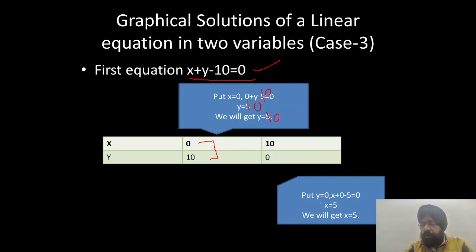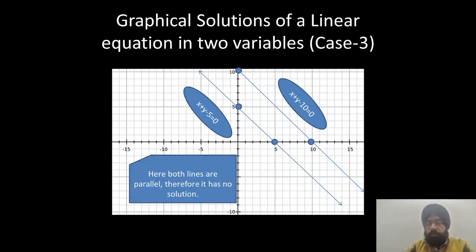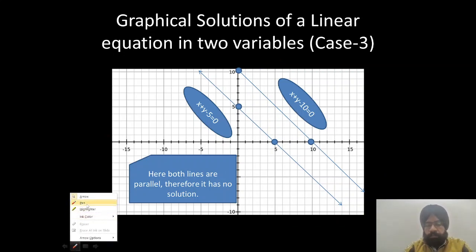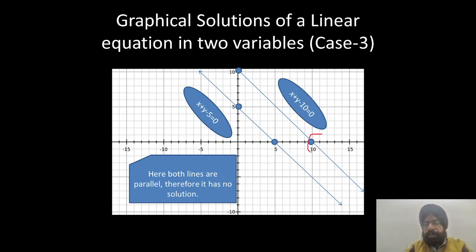Now again, if I put y equal to 0, our second step, then our x is going to be 10. Therefore our second point is going to be 10 comma 0. Now we need to plot all these points on the graph. Here it is 10 comma 0 and 0 comma 10.